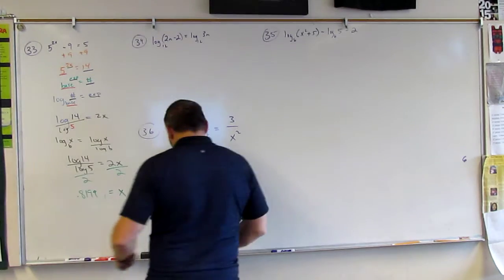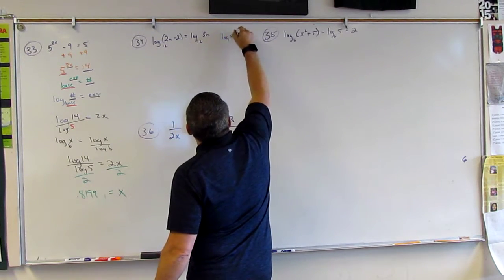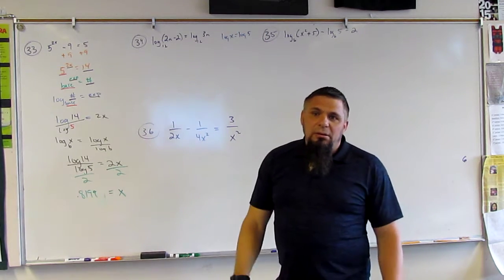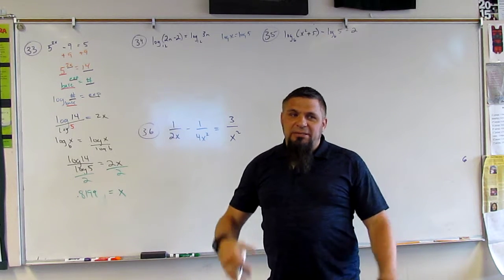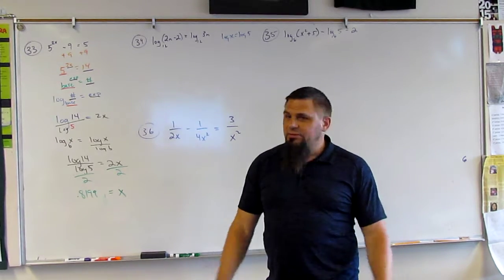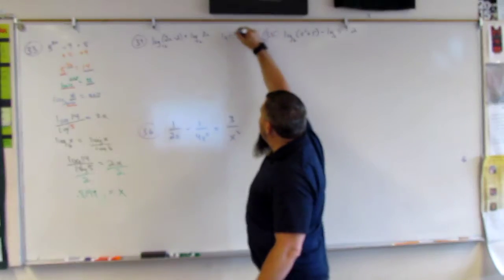Next. If I were to ask you, if the log of x were equal to the log of 5, what would x be? 5. It's not that hard, right? They have the same base, so they have to be the same.